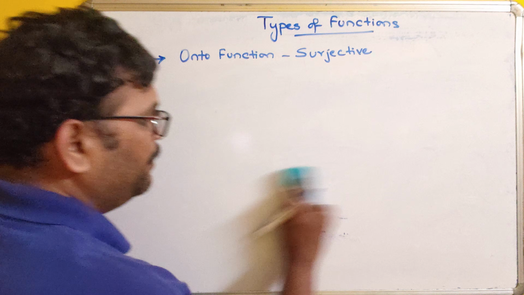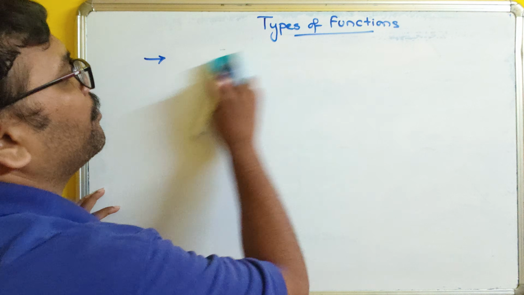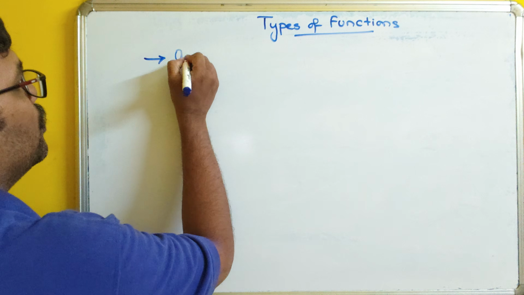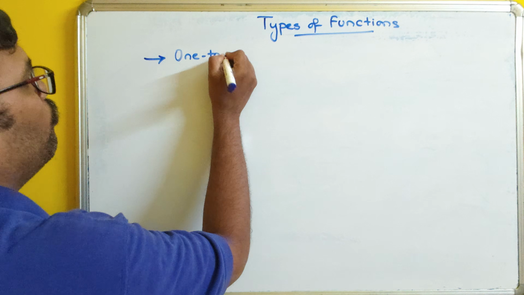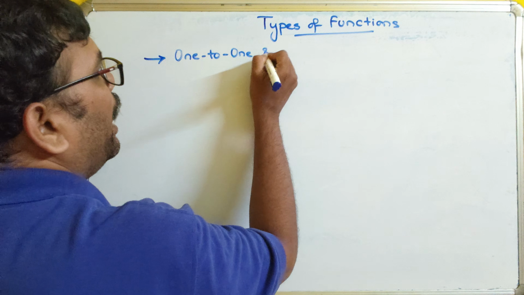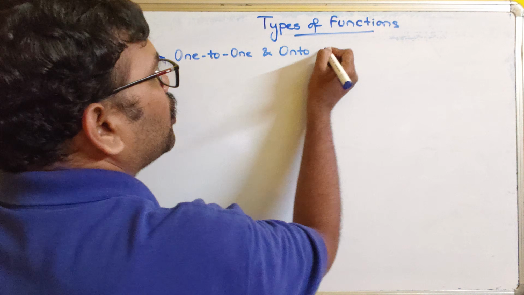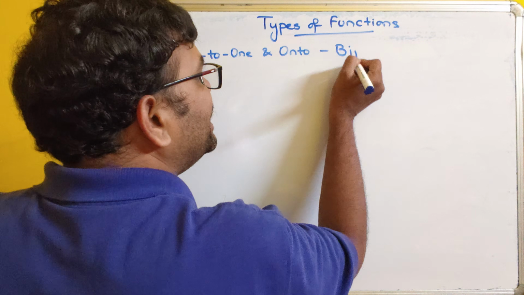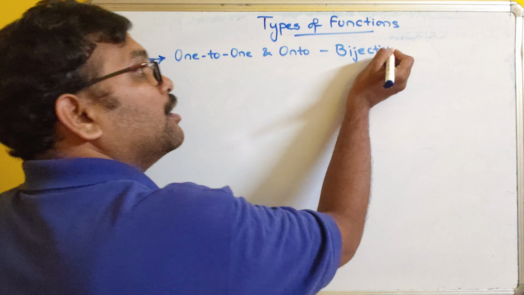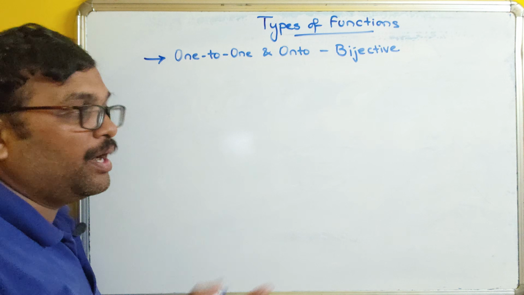The third category, one to one and onto, which is also called a bijective function. Bijective function, right?